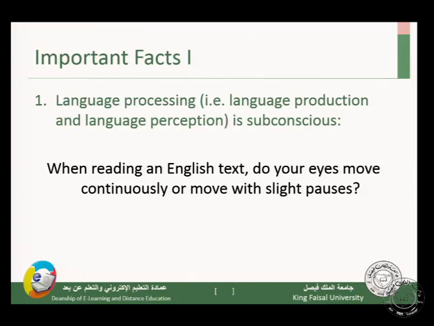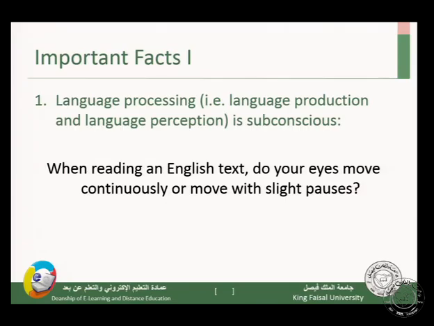And here we have an example, just to illustrate how language processing is subconscious. When reading an English text, do your eyes move continuously or move with slight pauses? While you are reading an English text, your eyes move from left to right.